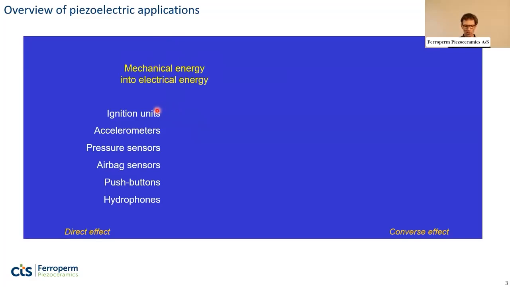One simple example is the ignition unit, where you ignite, for example, a flow of gas with a spark, the spark being generated by the stress converted into an electric spark. Another similar application with the direct effect is pressure sensors, where you have a pressure and you convert that to an electrical signal. And I'll also show an example of a hydrophone, which is basically an underwater microphone.